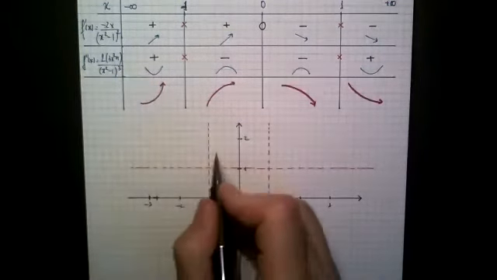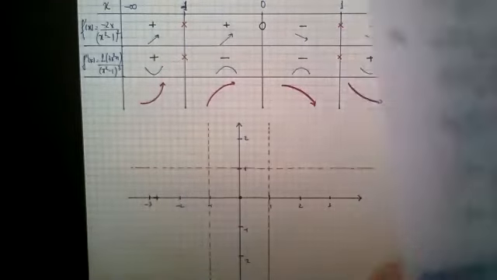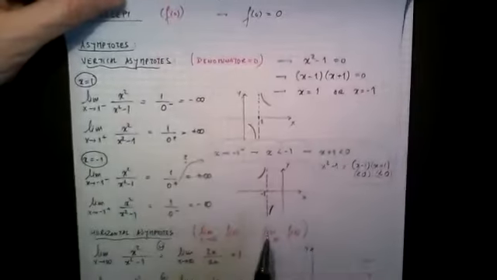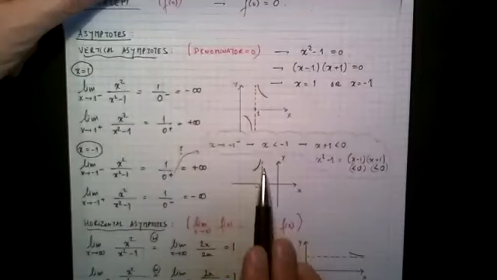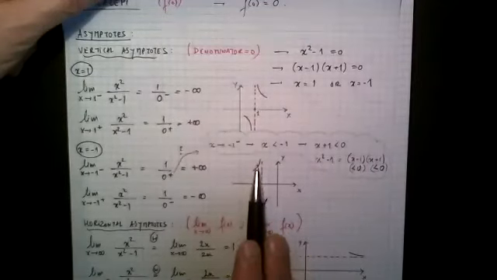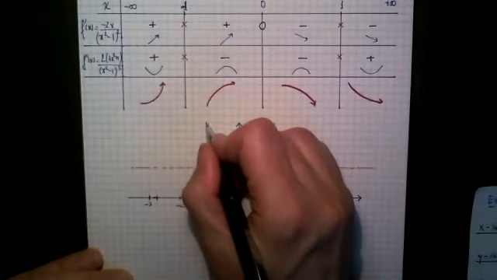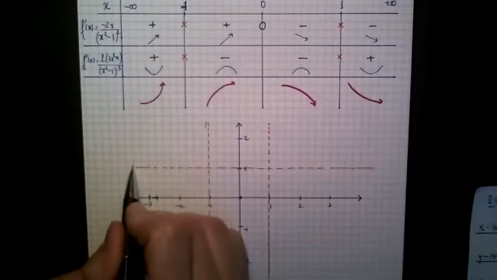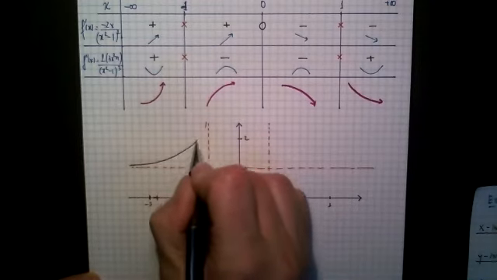It's increasing, and if you remember from the asymptotes, at minus 1 here, it's getting close to the vertical asymptote. From the left side, it's going up to plus infinity. So it's increasing concave up, and it's getting close to 1 here at minus infinity. So it's clearly like this.